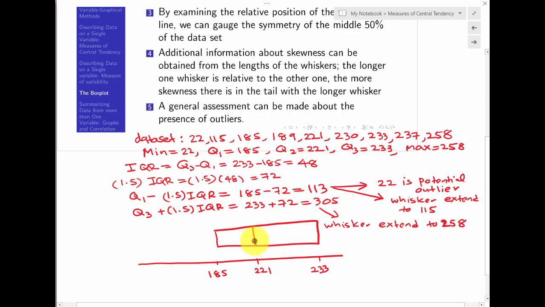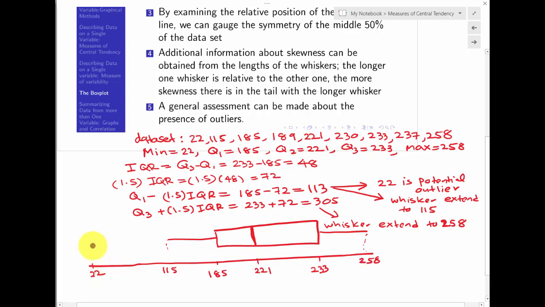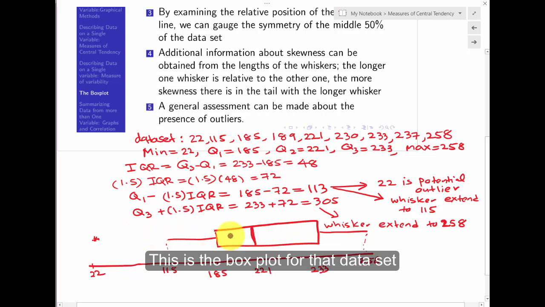This is the median. Now I extend the low end of the whiskers to 115. So let's say this is 115. And the upper end to 258. So let's say here we have 258. Now 22 is a potential outlier. So 22 is somewhere here, and I have to use a star to denote that. So this is the box plot for that data set.